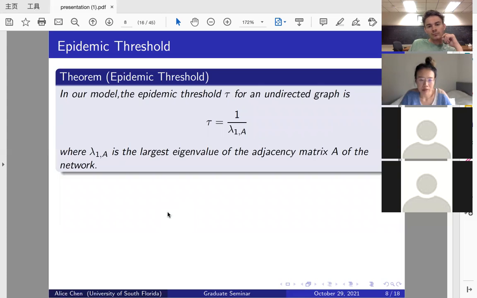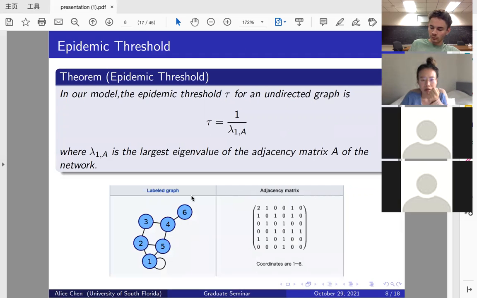So here's our theorem. In our model, the epidemic threshold tau has a very brief definition: it is the inverse of the largest eigenvalue of the adjacency matrix A of the network. So what is the adjacency matrix? Here I show you a labeled graph. There are 6 nodes in this connected network, labeled 1, 2, 3, 4, 5, 6.